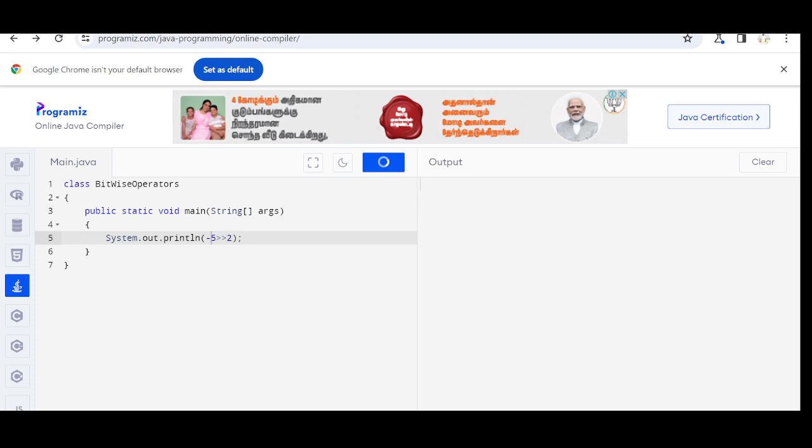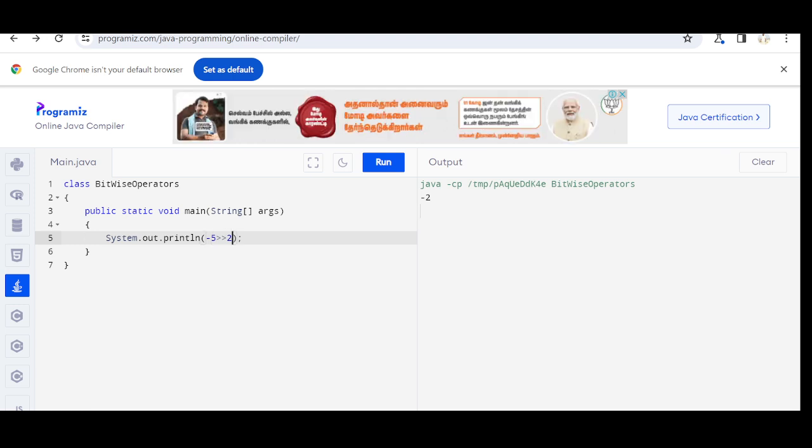If I do this, we get minus 3. In this case we are getting a negative result. How are things happening for a negative number? For the positive number the answer is 2, but when I do the right shift operator with a negative number, what is the answer that we are getting? So let us do it for the number 1.